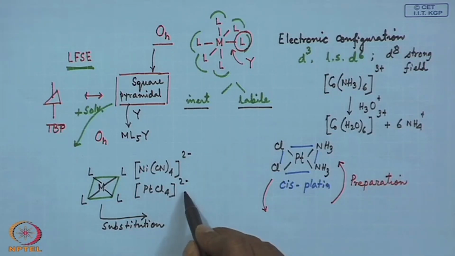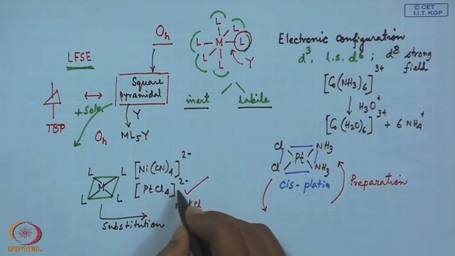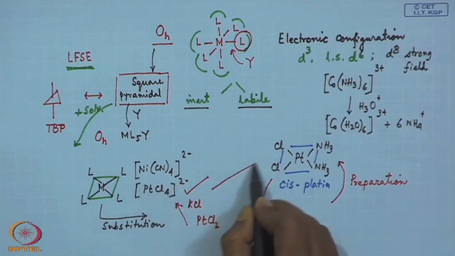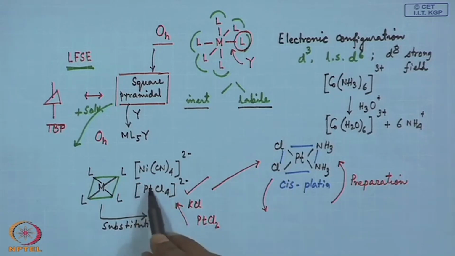So, we have a starting salt like this, which can be obtained from platinum dichloride, that means platinum chloride like nickel chloride or palladium chloride we can have, and use of this with potassium chloride gives rise to the corresponding potassium salt. This is also a square planar one.